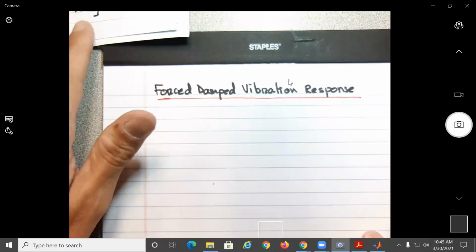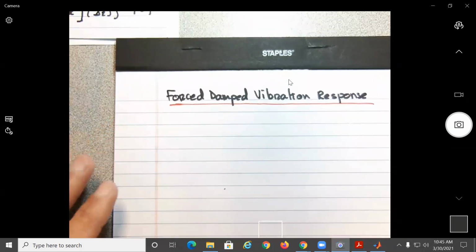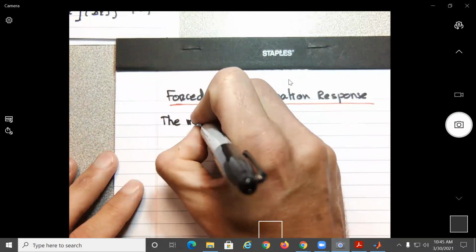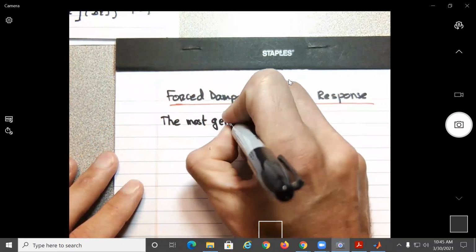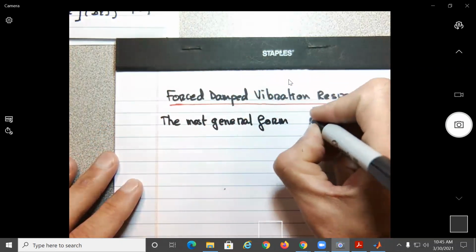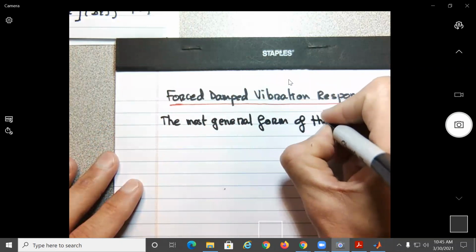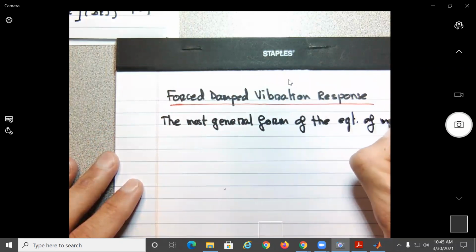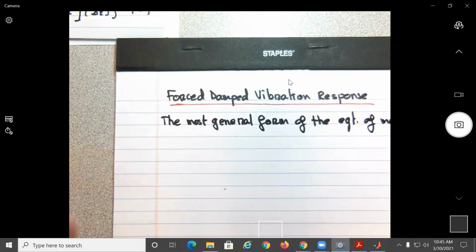So the most general form of the equation of motion will be what? Obviously it's going to be simplified, okay?